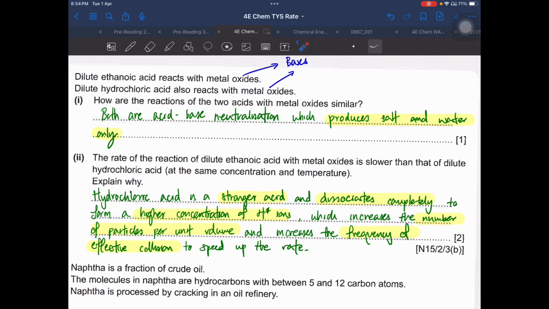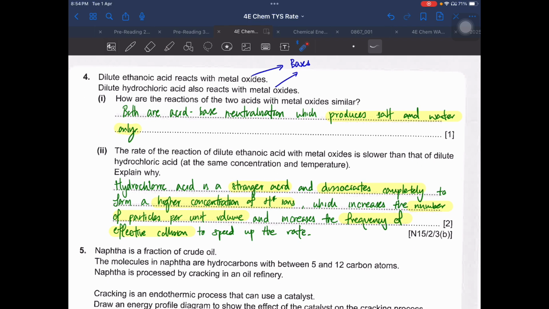This is where we link back to the concept on how concentration affects the number of reactant particles per unit volume. And once you have a high concentration, it means that you have a higher number of reactant particles per unit volume, and that will automatically increase the frequency of effective collisions, and therefore the rate of reaction will speed up. Yep. So this is a question that actually joins the concept of acids together with the concept of rate of reaction.